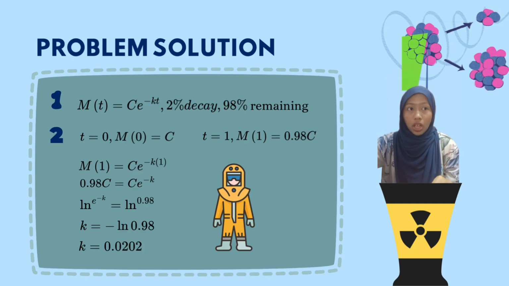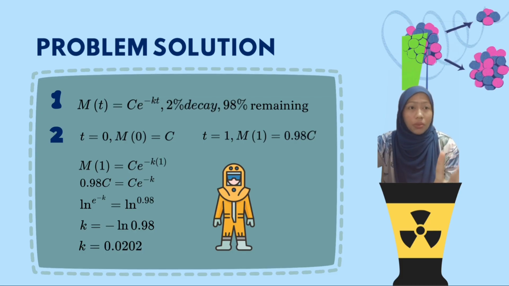This makes sense because at the beginning the amount is just the initial amount. Next, substitute t equals 1 into the decay formula, which is m(1) equals c e to the power of negative k times 1. But we already know that m(1) equals 0.98c, so we equate them: 0.98c equals c e to the power of negative k.